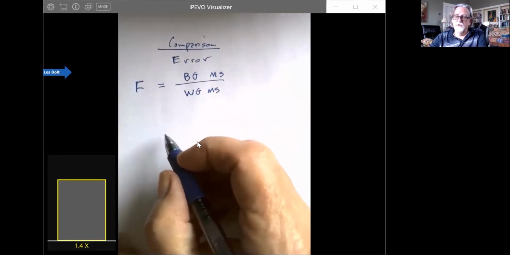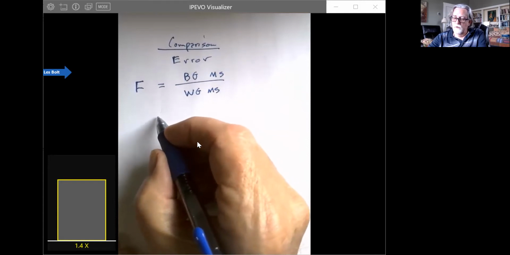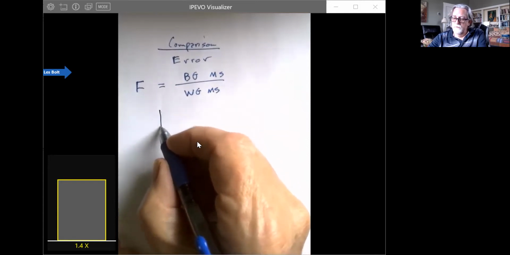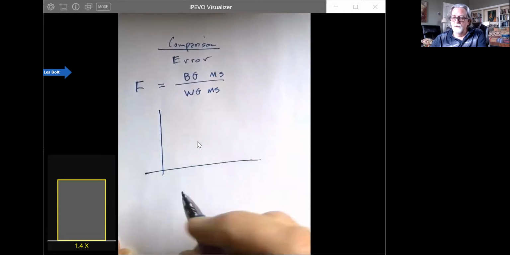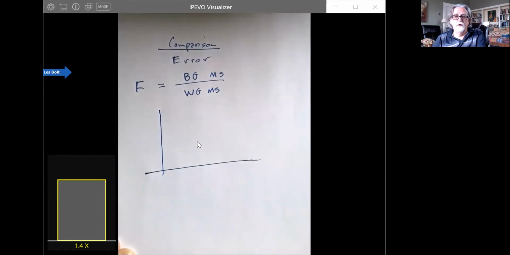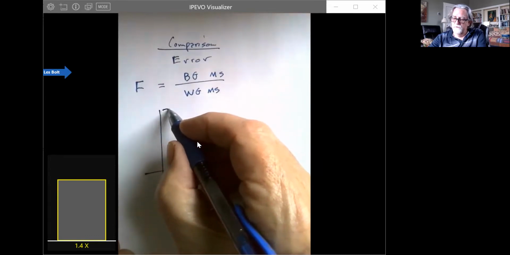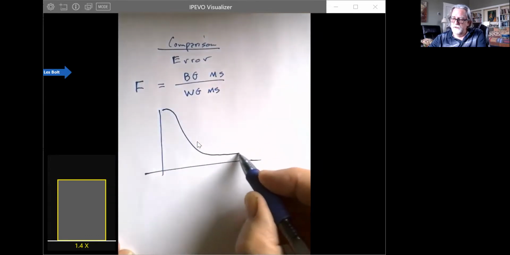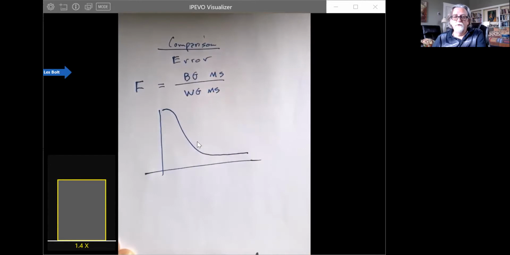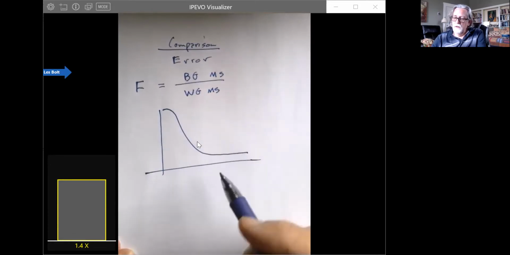Now, an F statistic is not exactly normal, partially because it doesn't matter negative or plus. And so it's roughly like this. Because it's symmetrical, we don't even bother with the other side. There is no negative side.